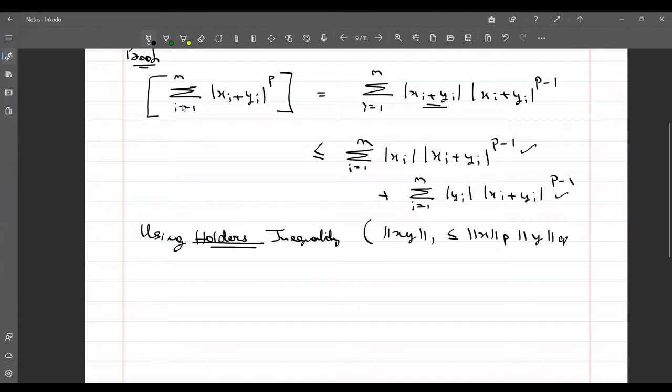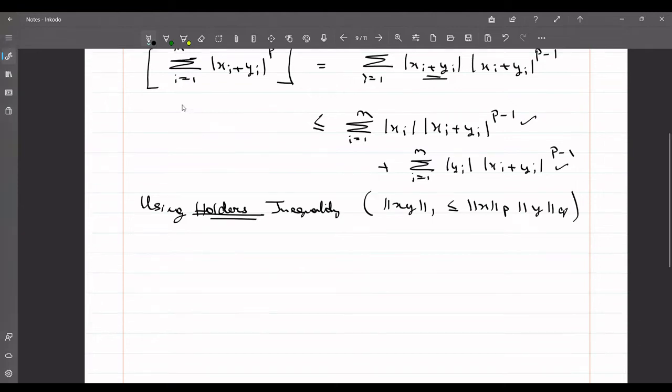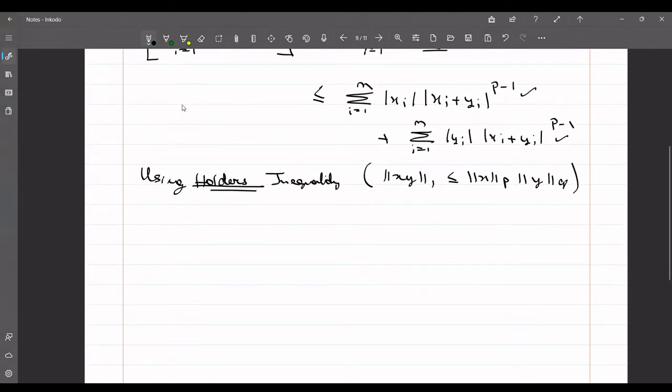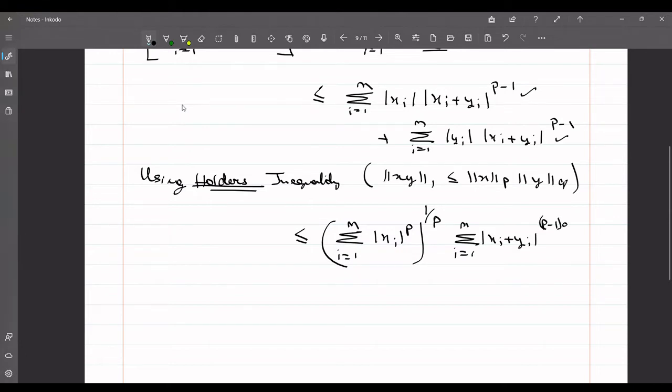So using this in this case, for each individual pair we get, so this can be written less than or equal to summation i equals 1 to n, mod of xi to the power p, whole to the power 1 over p, times summation i equals 1 to n, mod of xi plus yi to the power p minus 1, to the power q, right? So this can be written as p minus 1 times q, and whole to the power 1 over q, right? This is what we have.